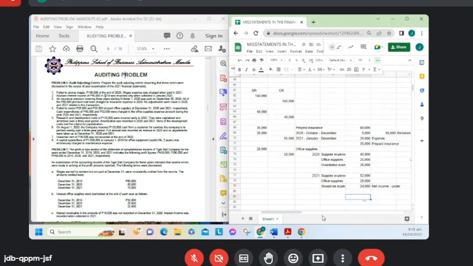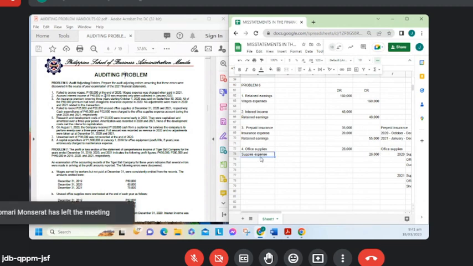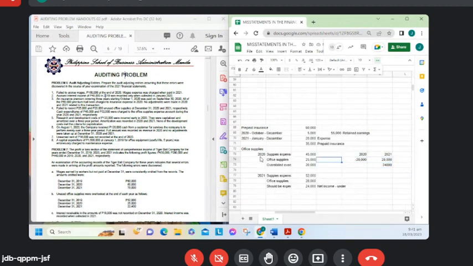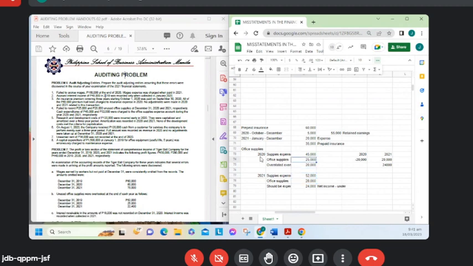Wait lang. Yeah, kuha ko na mali pala. Sorry. So office supplies expense is... ito pala yung impact. Sorry. Should be added here. So bali 25,000 plus 52,000 beginning.